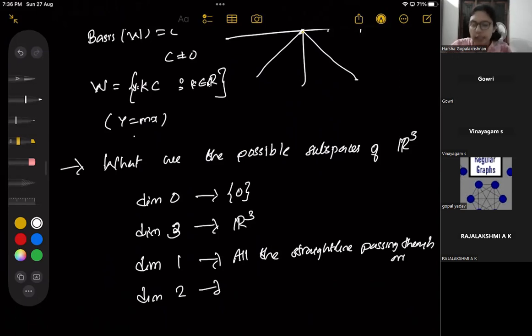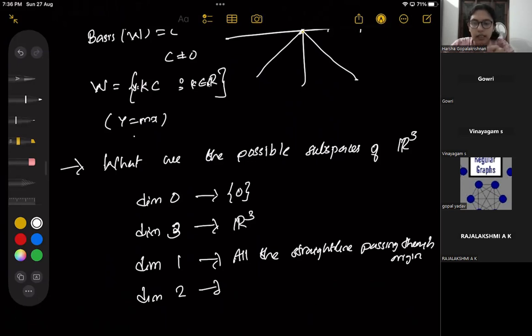Now, can you think about what the subspace having dimension 2 will be? Dimension 2 means it is generated by two linearly independent elements. One element is the zero element, so it also passes through the origin. Geometrically, what will that subspace be?